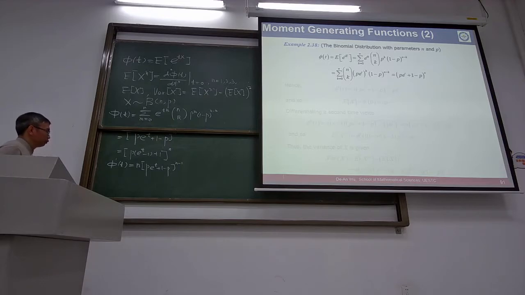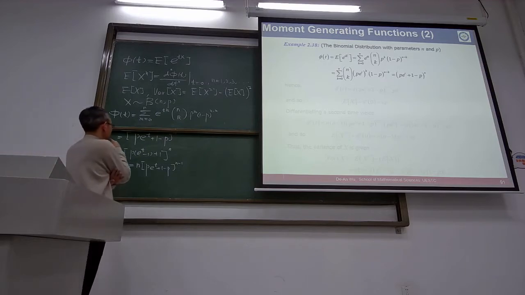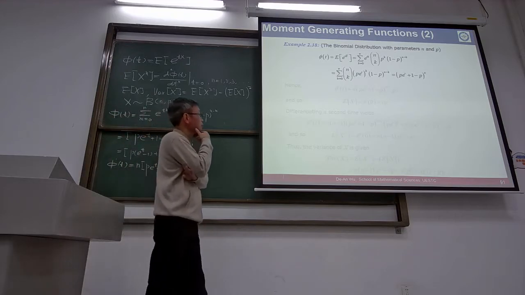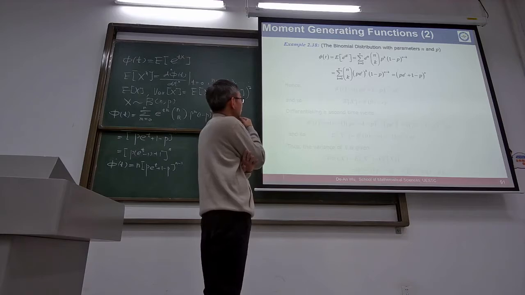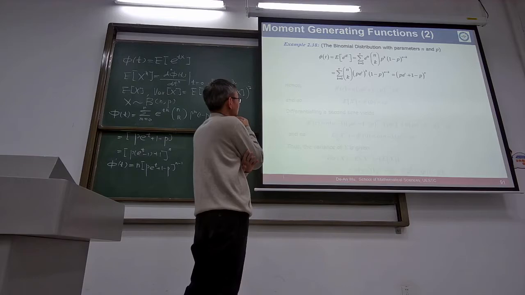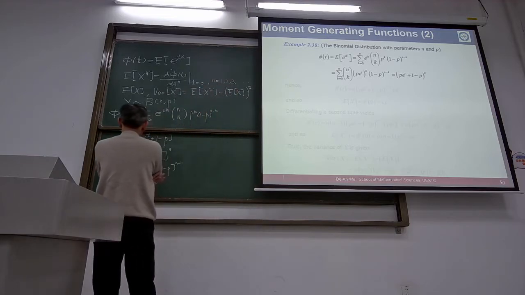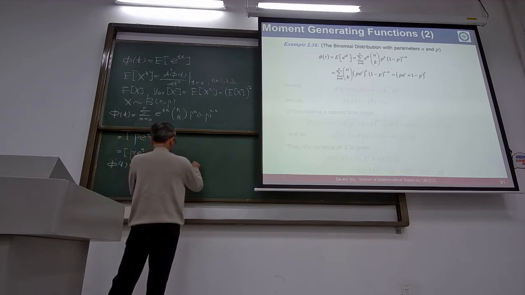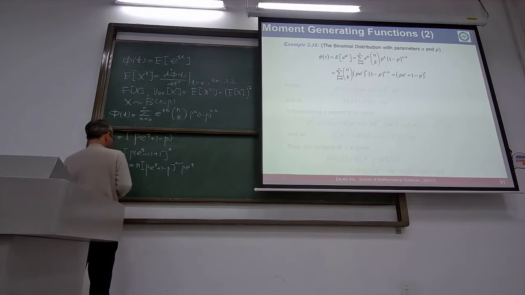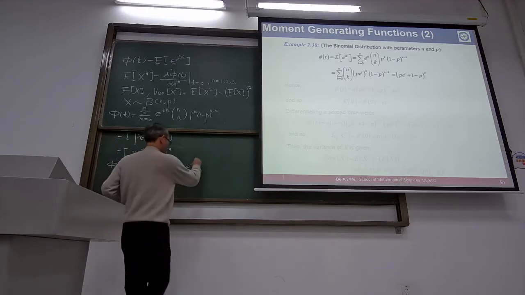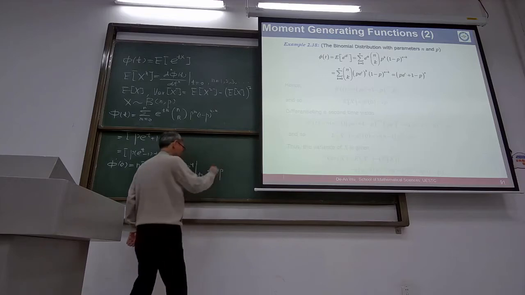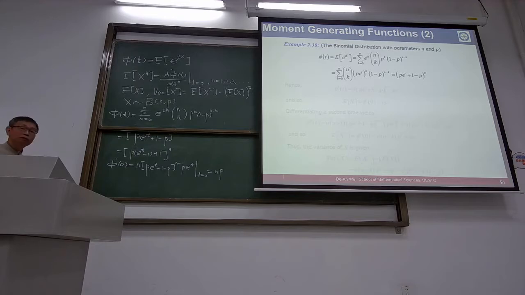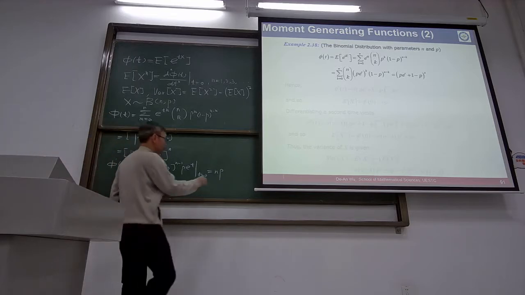Evaluated at 0, we get np. It is very easy to find the expectation. It just equals the expectation.